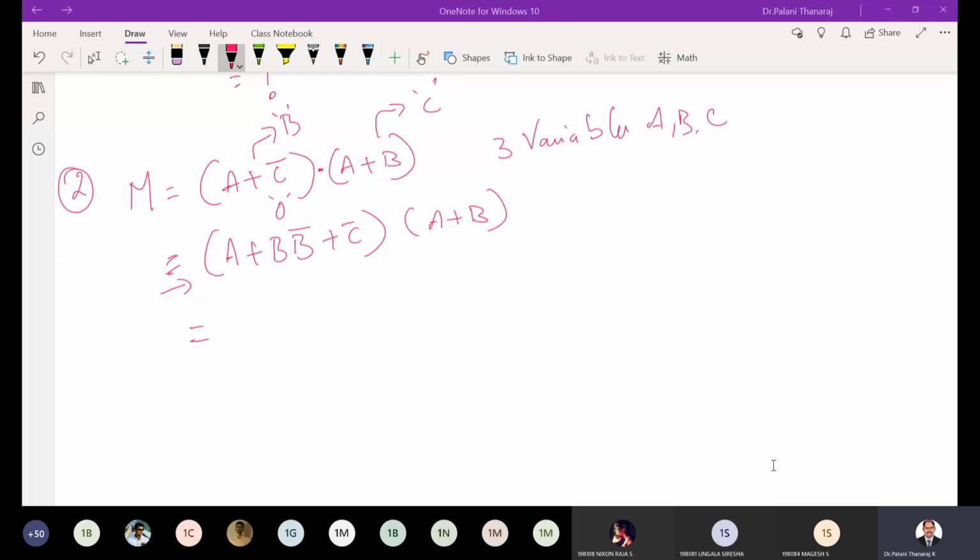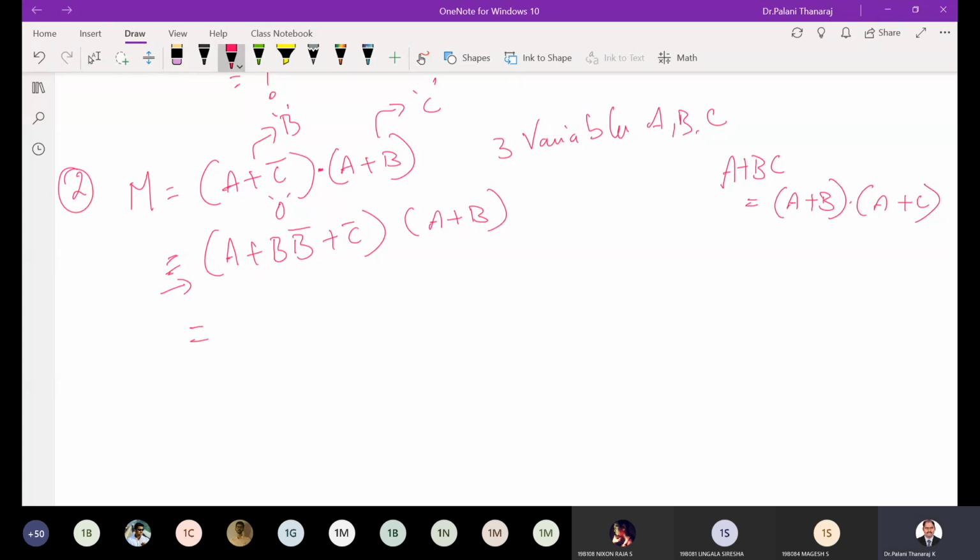Here I want to convert an expression to factors. How about A plus BC? Can you use that property? I am giving a clue. A plus BC, how can I write it? Can I write A plus B into A plus C? Agree?